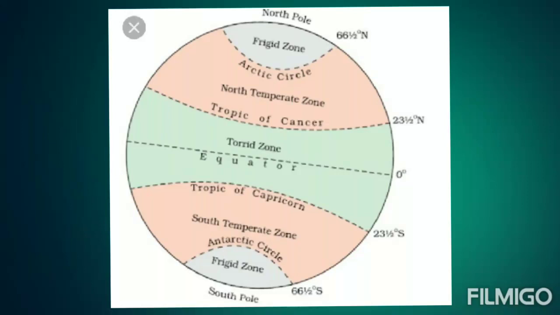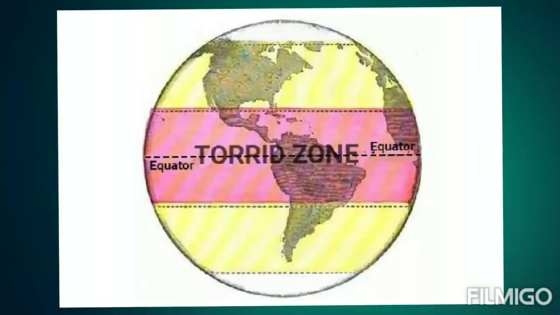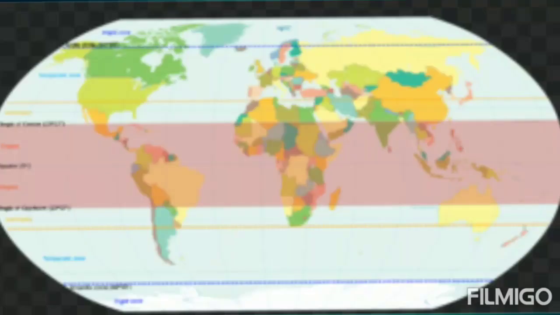Okay, so first we will see the torrid zone, the middle zone. And why it is called torrid, that also we will discuss. The word torrid means hot. It includes all places located between the Tropic of Cancer and the Tropic of Capricorn.